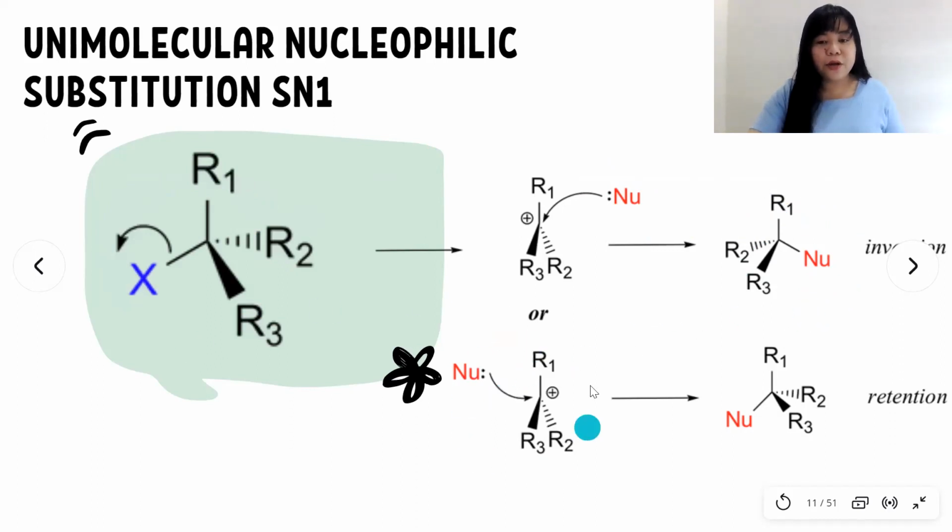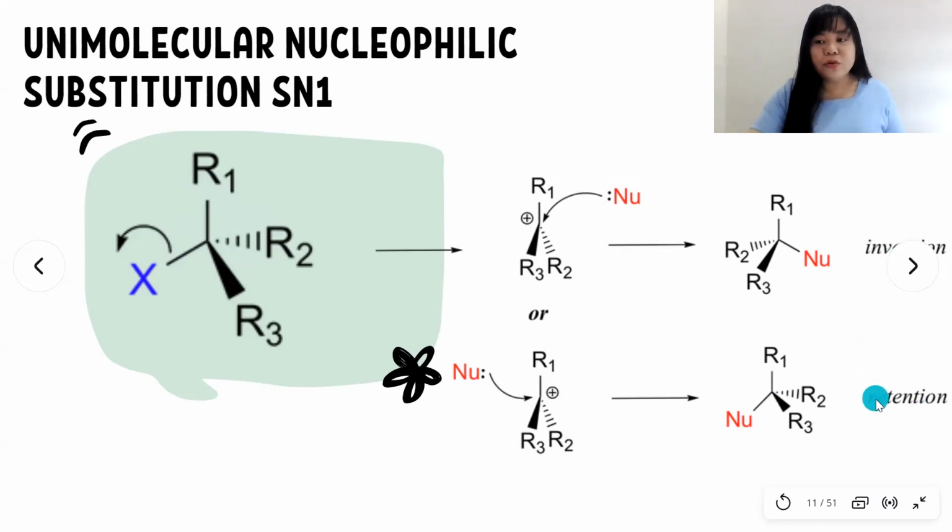Or in the other case, we may also have the nucleophile attacking the carbocation from the same direction, therefore producing a final product with the same configuration or the same orientation in space as the substrate. And therefore, this is considered retention.